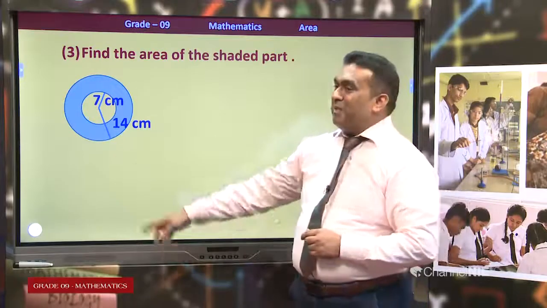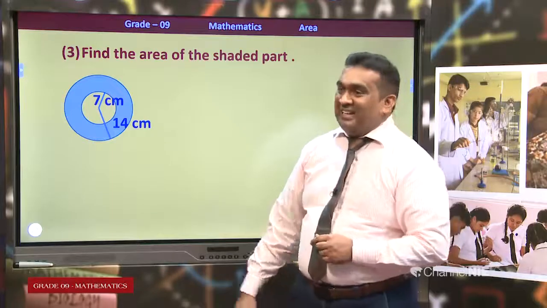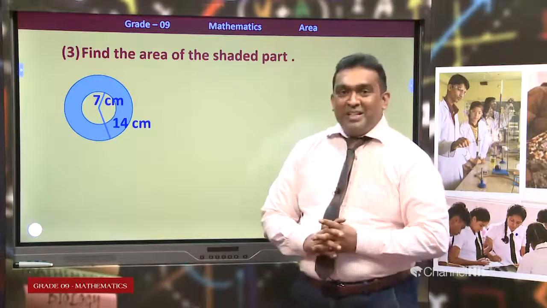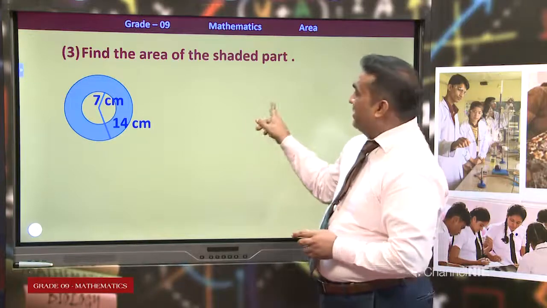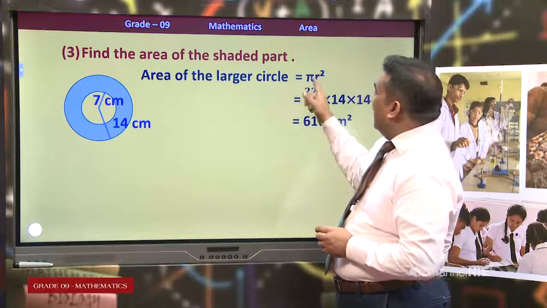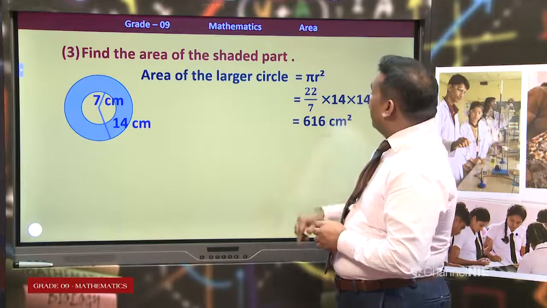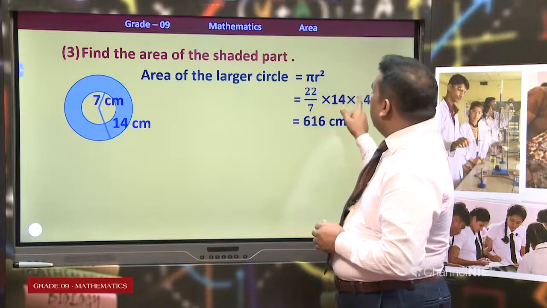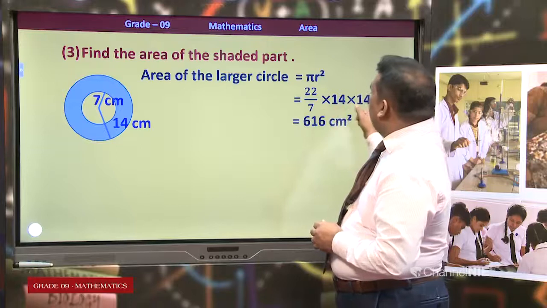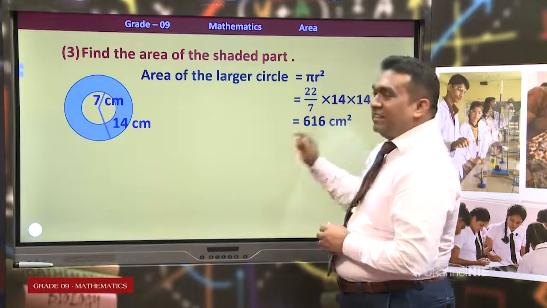Taking the difference between the area of the larger circle and the smaller circle, you have the shaded area. Right, we will see. Area of the larger circle is πr squared. Here 22 over 7 into r squared, 14 multiplied by 14. Then how many 7s in 14? 2. 22 multiplied by 28 is 616.